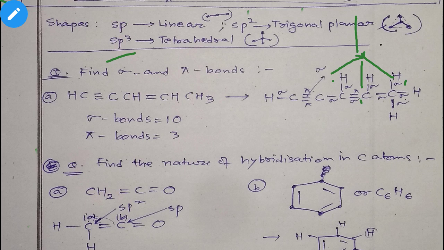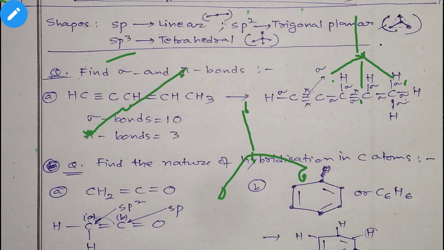sp2 is trigonal planar. When your carbon atom is connected to 3 different atoms, the shape will be trigonal planar, and that is sp2 hybridization. sp means linear: whenever your carbon atom is connected to only 2 atoms, the shape is linear.